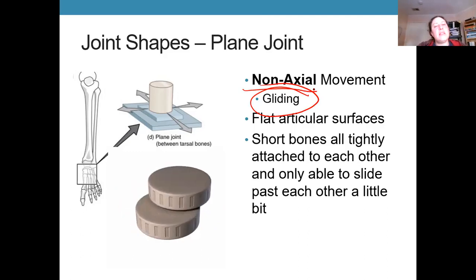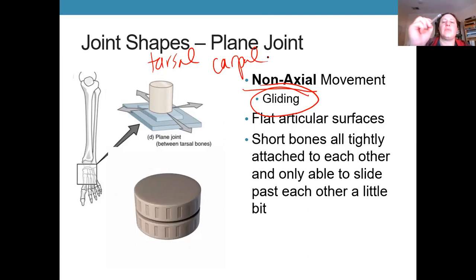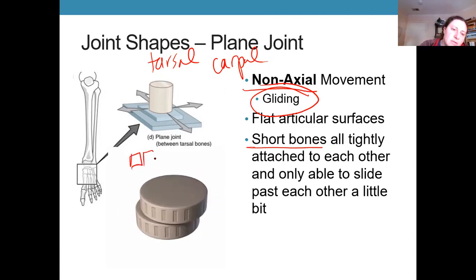So we see this in the ankles and the wrists. Specifically, we see this happening between the tarsal bones and the carpal bones, because we have these short little bones, and there's a bunch of them, and they're all tightly attached to each other.